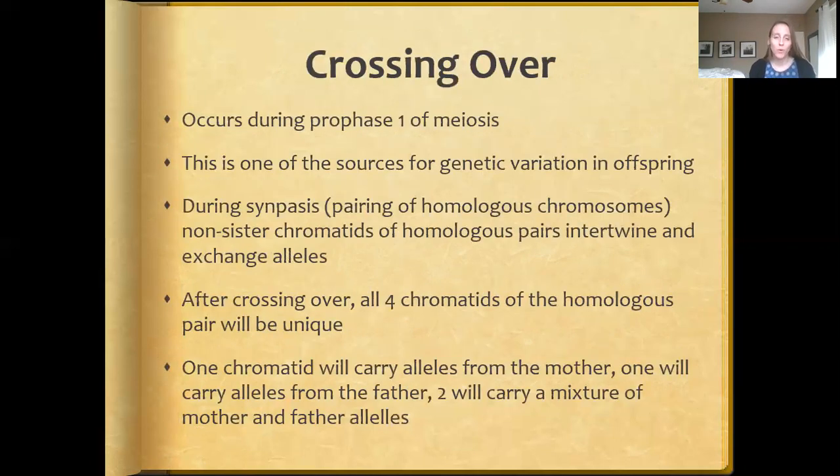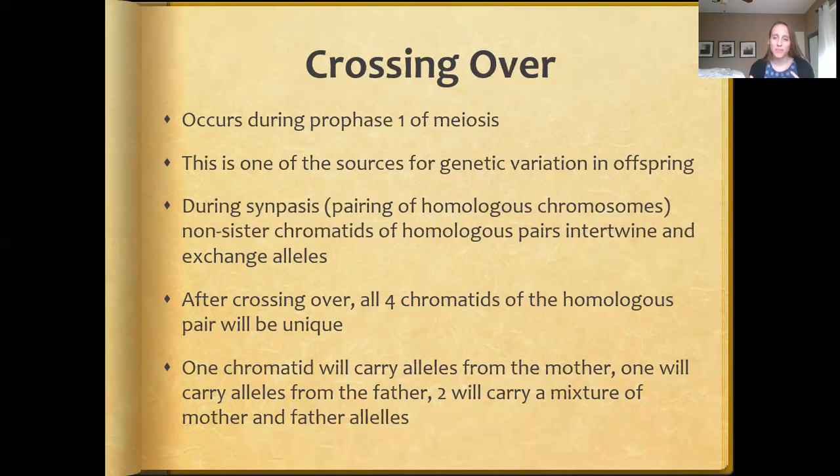Crossing over is really important because it's one of the sources for genetic variation. So during that synapsis, the pairing up of the homologous chromosomes, non-sister chromatids, so chromatids from separate X's, will intertwine, and when they do that, they actually swap some of their alleles. Now, if you remember, the alleles are the different options of the genes that they have on the actual chromosome.